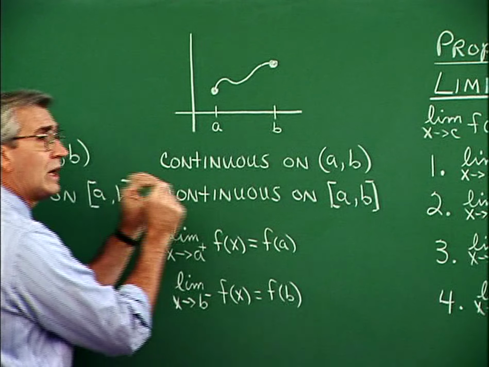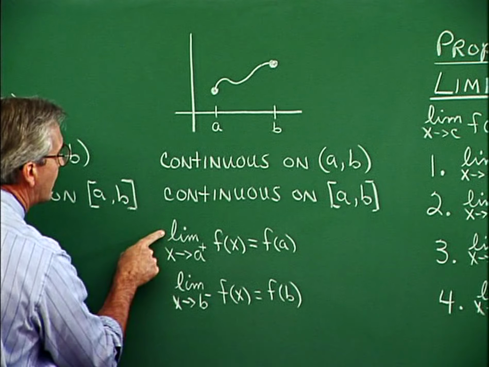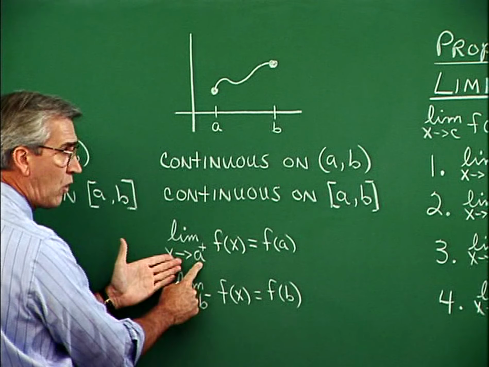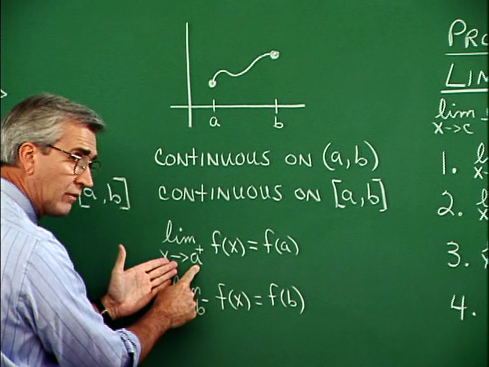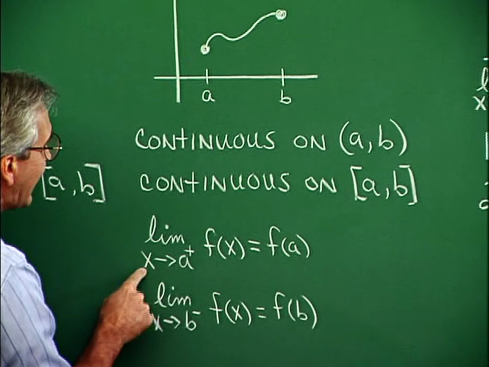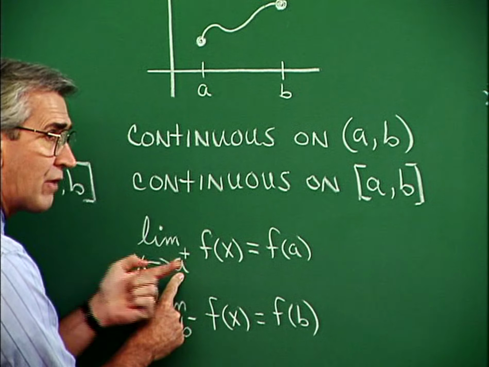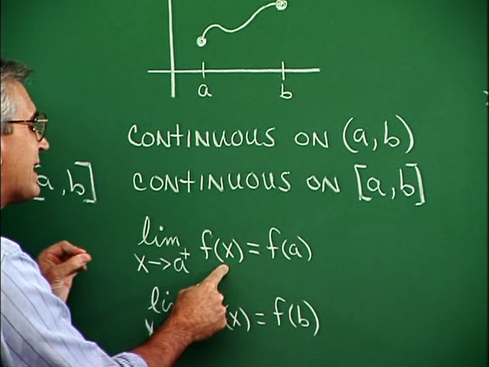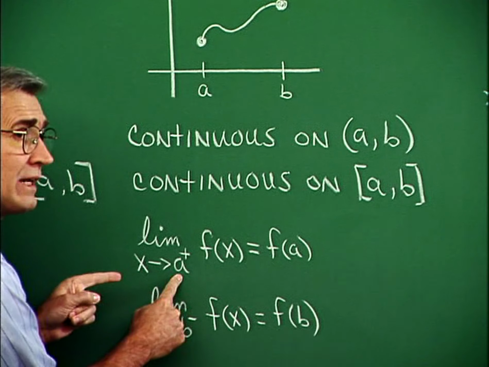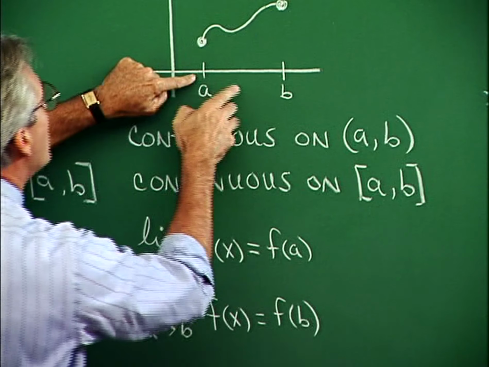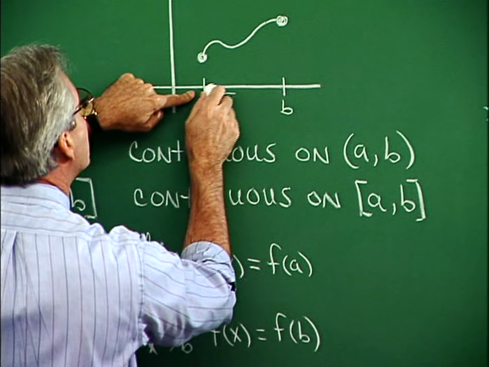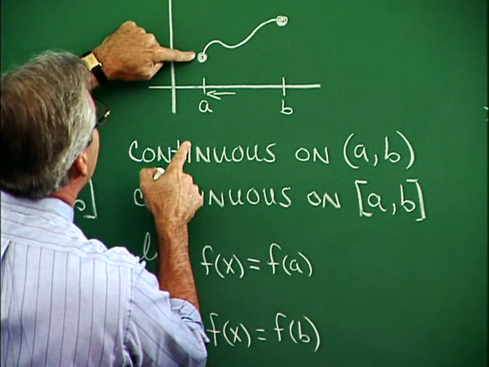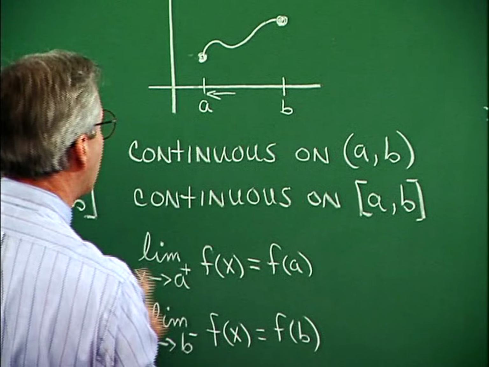You want to verify that the limit as x approaches the left endpoint of the closed interval from the right side is f of that endpoint. As we approach A from the right, that limit is f of A. f of A is that point on that graph.